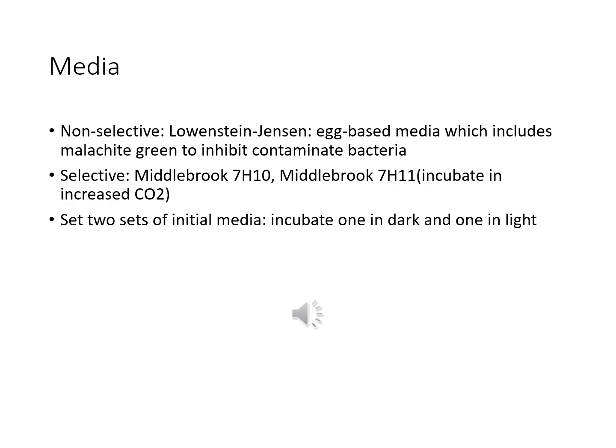For acid fast, we would use Middlebrook 7H10 and Middlebrook 7H11. We also have two sets of initial agar because we're going to incubate one in the dark and one in the light, and that is once again so we can determine the Runyon class, if it does color or not.